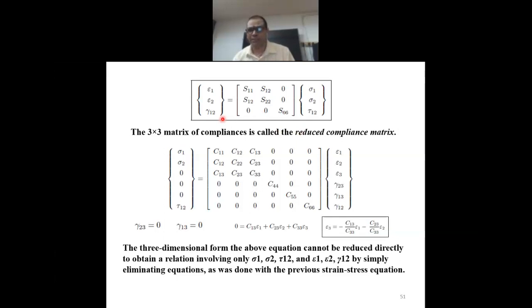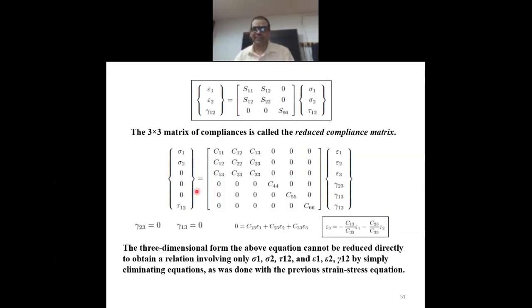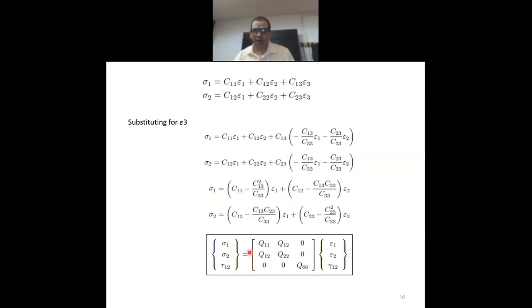So we get a reduced compliance matrix. But when we see the stiffness matrix, we cannot simply leave those rows and columns, because epsilon 3 effects are there. We cannot assume epsilon 3 as 0 because, as we have seen in this slide, it is contributed by both sigma 1 and sigma 2. If we consider that effect, then the reduced C matrix we give a new name, called the Q matrix.